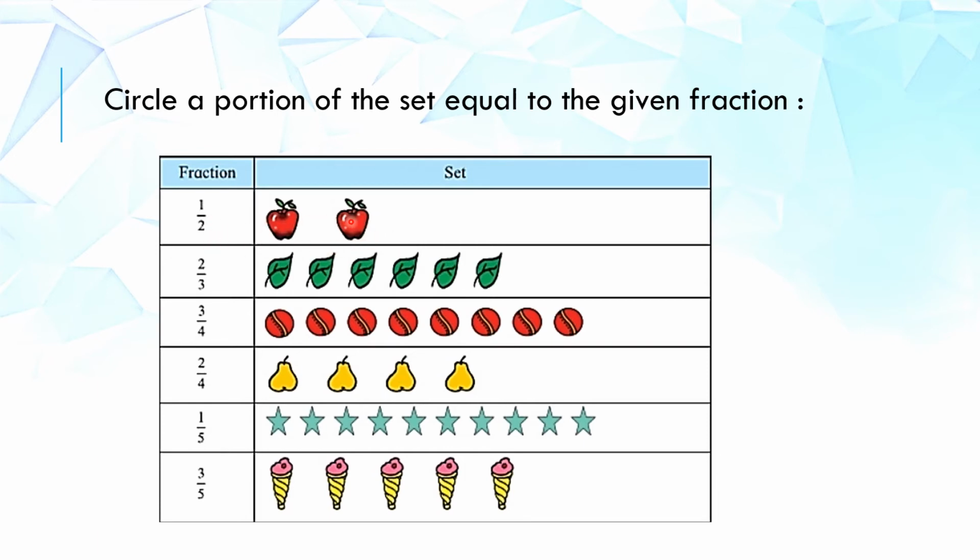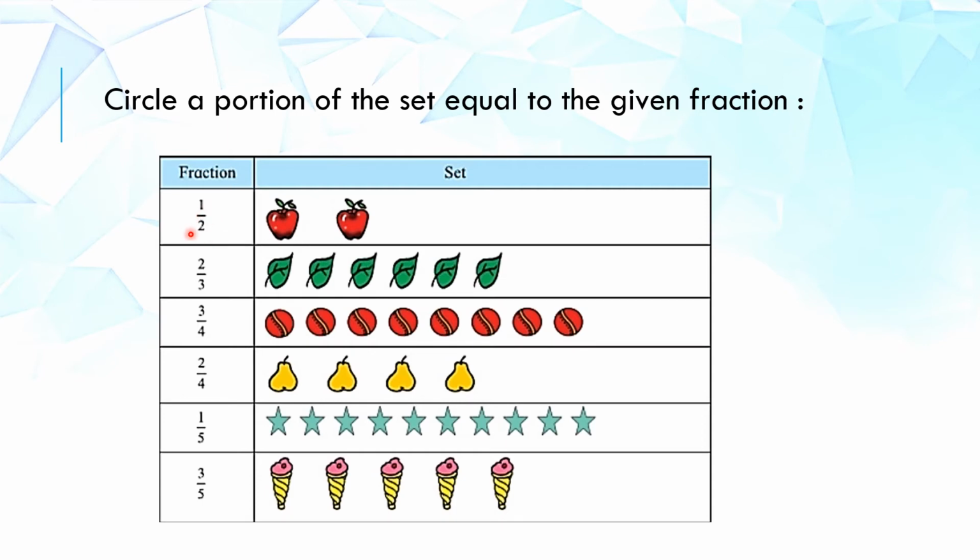So here 2 apples are there and the fraction is half, 1/2. Students, we have learned before also that the denominator means the number which is below the line.